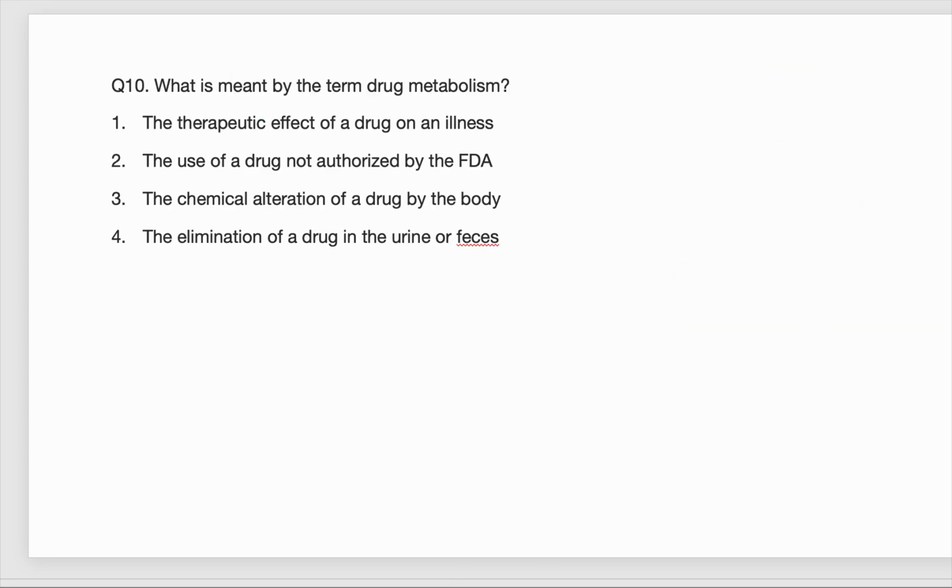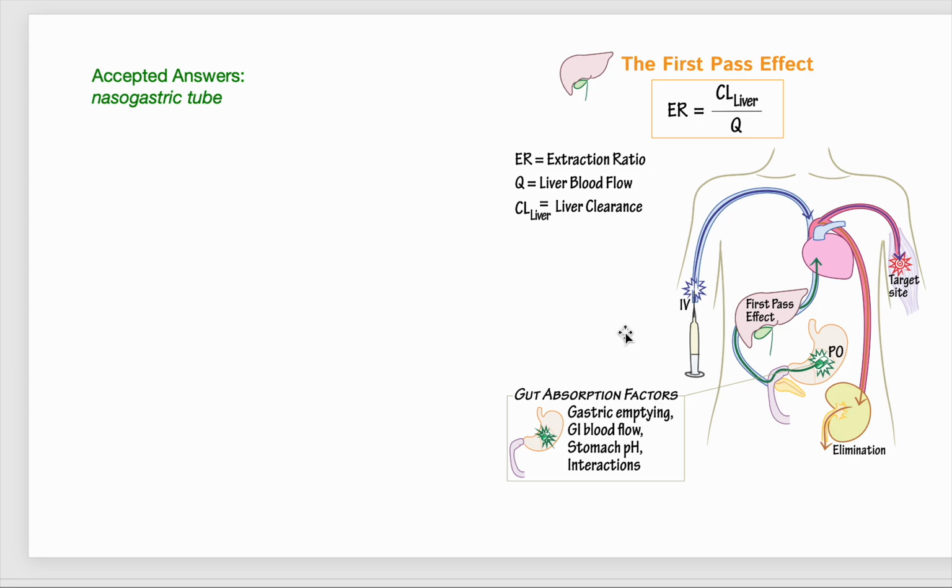So you can see here, in case of intravenous injection, it goes directly to the systemic circulation. In case of oral administration, it goes to the stomach and then to the liver, where it has to undergo first pass effect, and then it gets to the systemic circulation and target site.